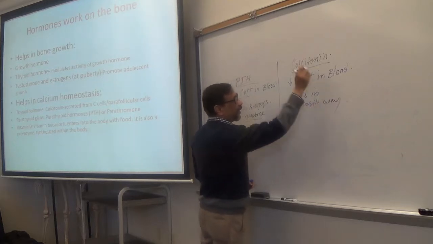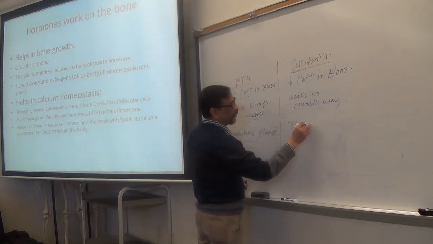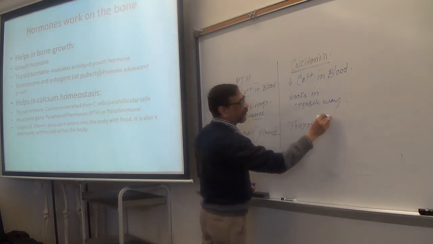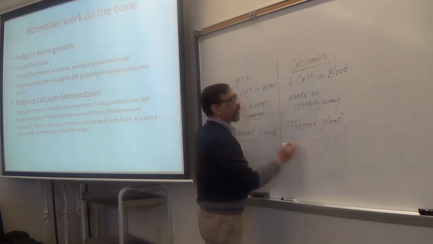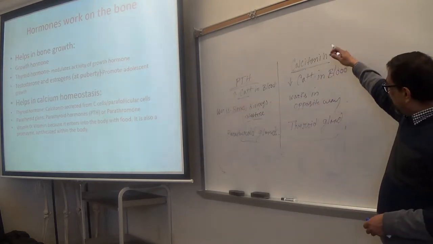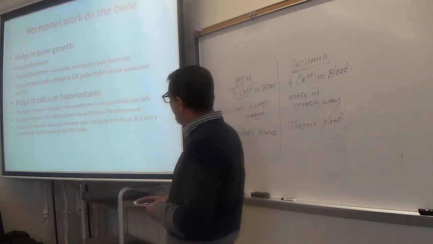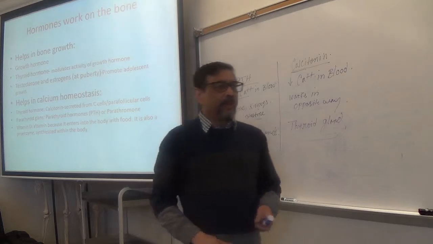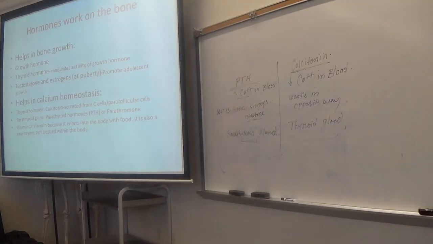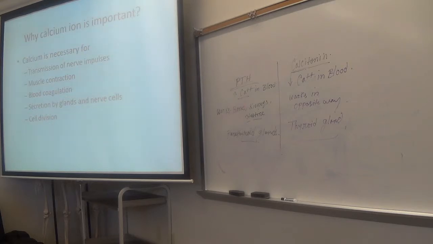And calcitonin comes from the thyroid gland, not parathyroid. Calcitonin inhibits the osteoclasts, the osteoclastic activity. Just opposite. So that's all about the hormones.